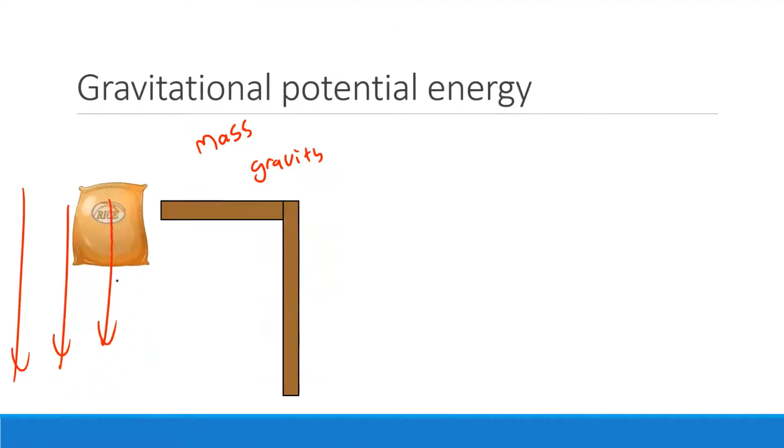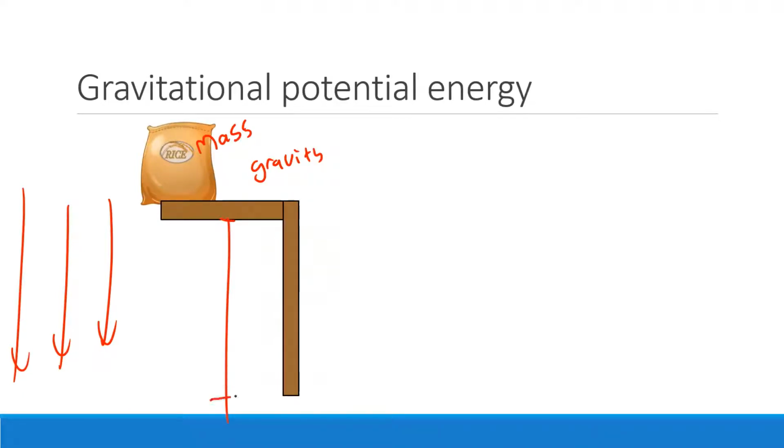We're pulling it up against that gravitational force. And to work out how much work we've done, we also need to know how high this shelf is, what distance we're applying this force over. That's what I want to know.